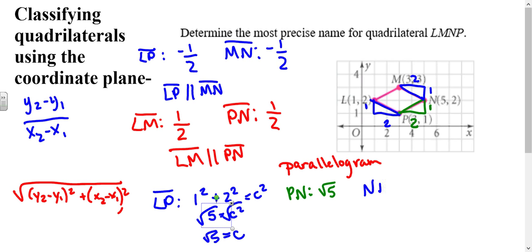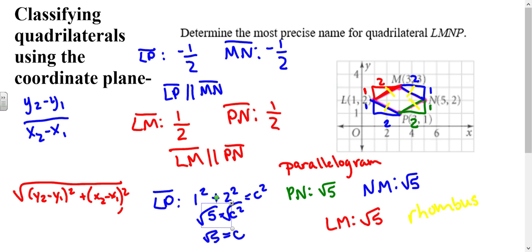So NM is also going to be the square root of 5. And then if I do this one, this side is 1, this side is 2, so it's also going to be the same as the others. So LM is also going to be the square root of 5. So I now know that it has 4 congruent sides. So it's also a rhombus.